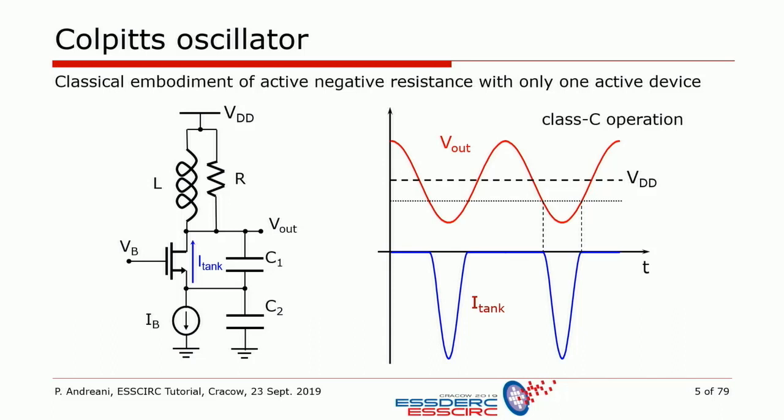So the waveform that we collect at the drain of the transistor is very close to purely sinusoidal. And also notice that this voltage oscillation swings above and below VDD in this implementation.